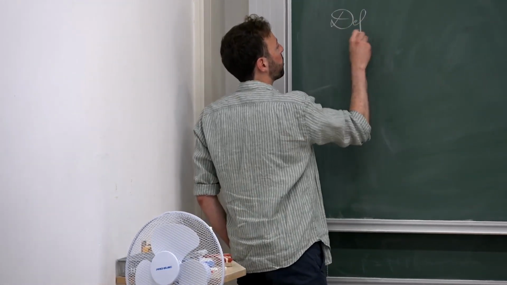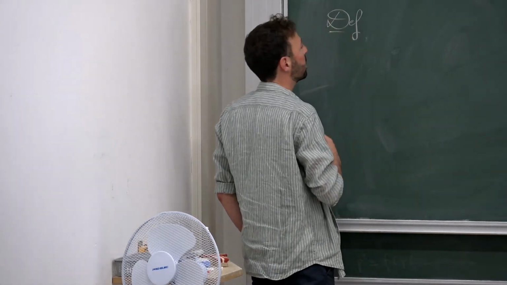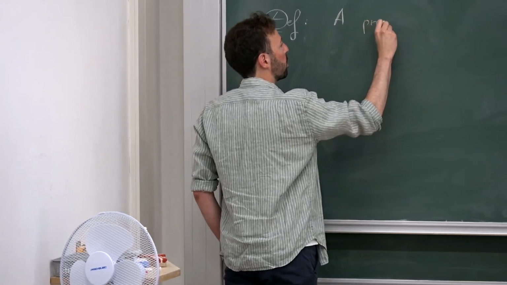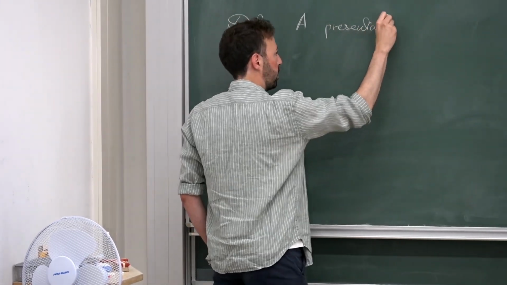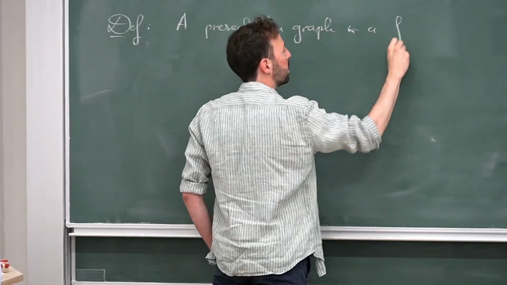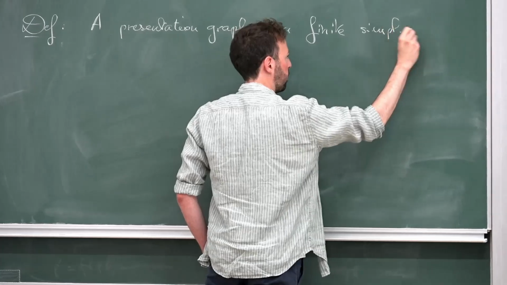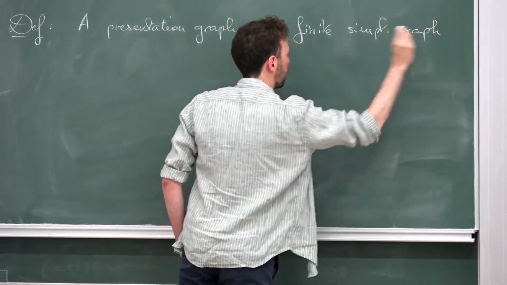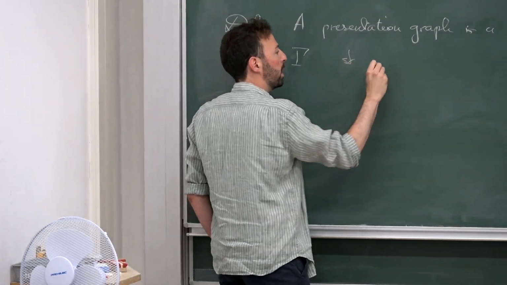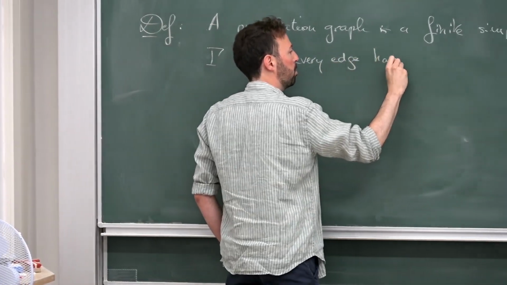So to define an Artin group, we need some data encoded in a graph, a presentation graph. So a presentation graph is a finite simplicial graph, so no loops and no double edges, which we're going to denote gamma, such that every edge has a label.